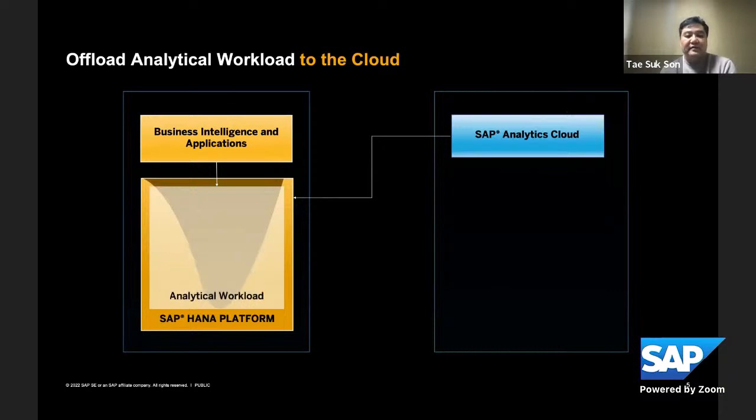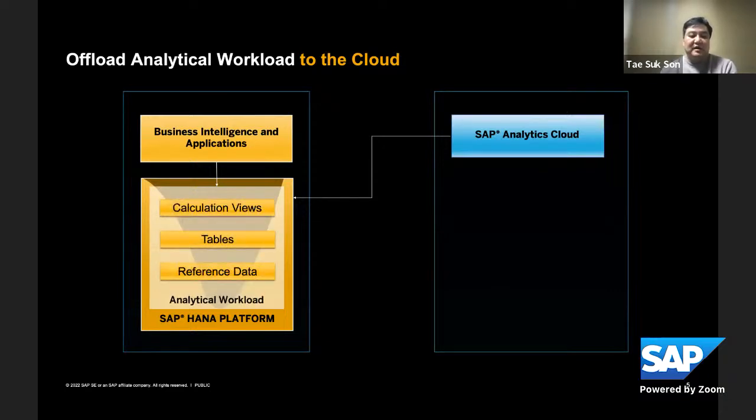So instead of that, we can easily extend the analytical workload to the cloud, and these analytical workloads would consist of reference data like currency conversions or unit conversions, and also the data that is required and calculation views. So from an SAP application point of view, this would consist of the analytical workload.